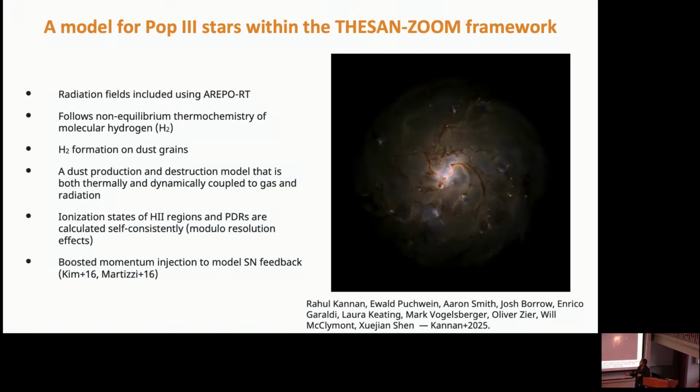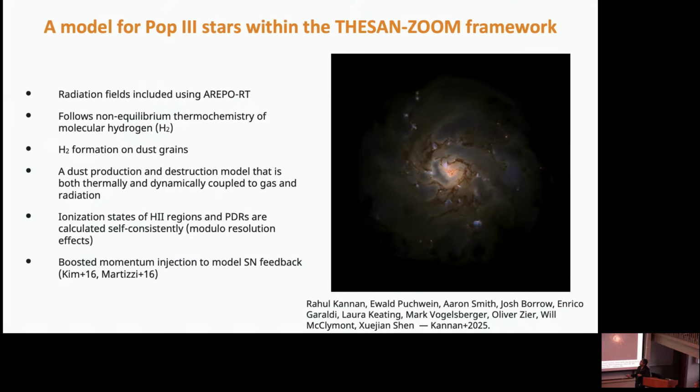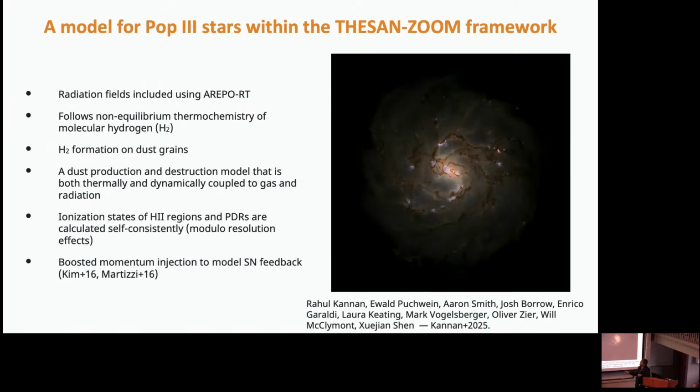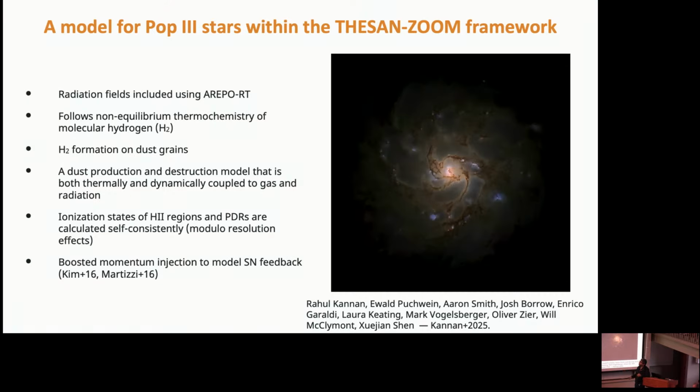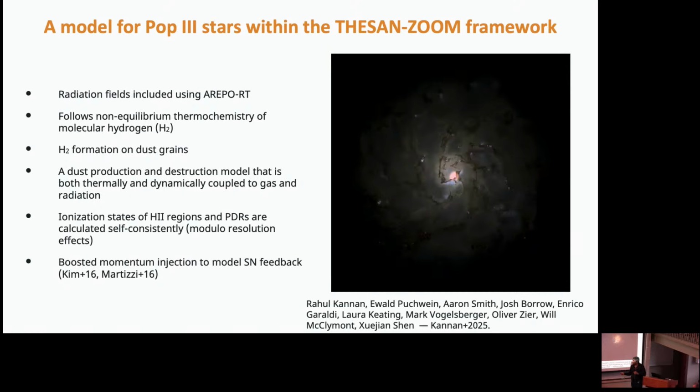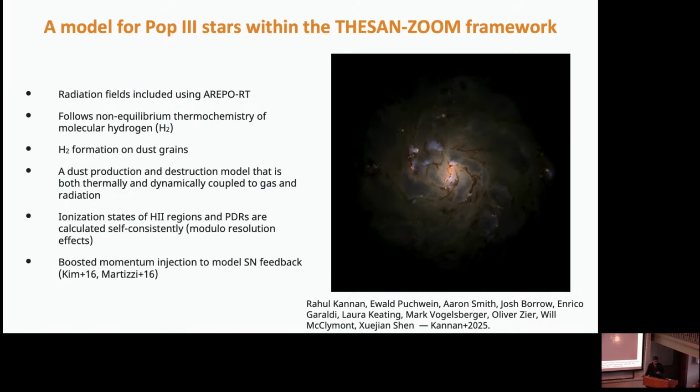The gas phase reactions were not well modeled. I'll come to that. And then we had radiative transfer coupled to it, so you can know how much Lyman-Werner radiation is present, for example, which is important for H2 formation and destruction. And it also had a simple model for feedback from stars and supernovae, but mainly POP2 stars.